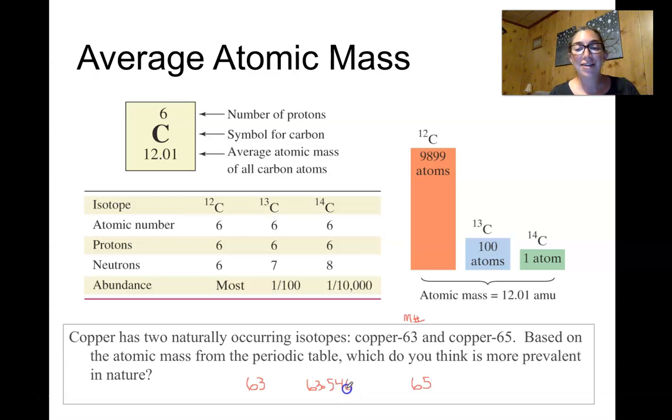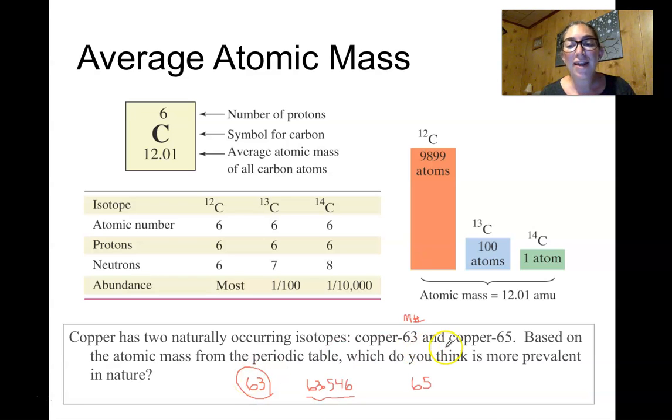So then we have to ask ourselves, basically, is that average closer to 63 or 65? It's closer to 63, which means that there's more copper 63 on the planet than there is copper 65. So that when we do a weighted average, that average comes out closer to 63.